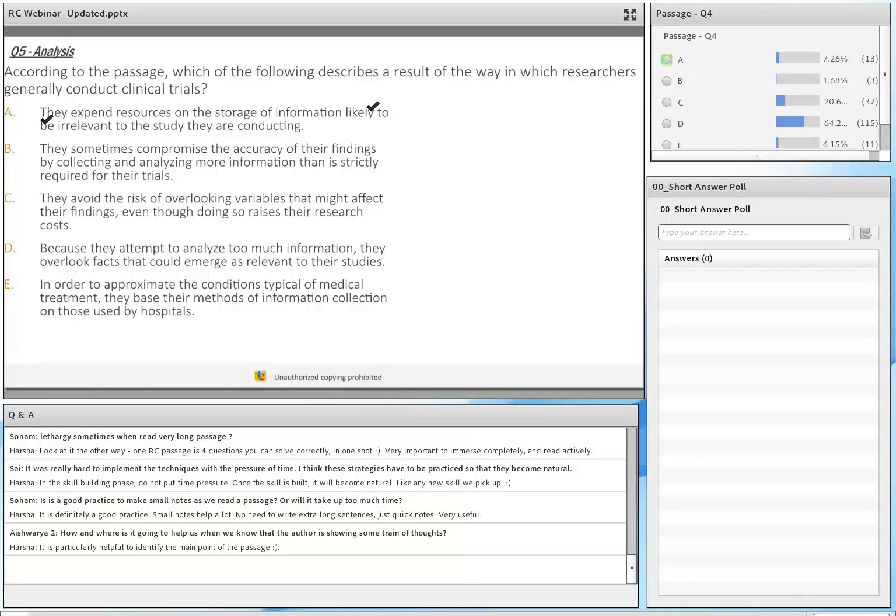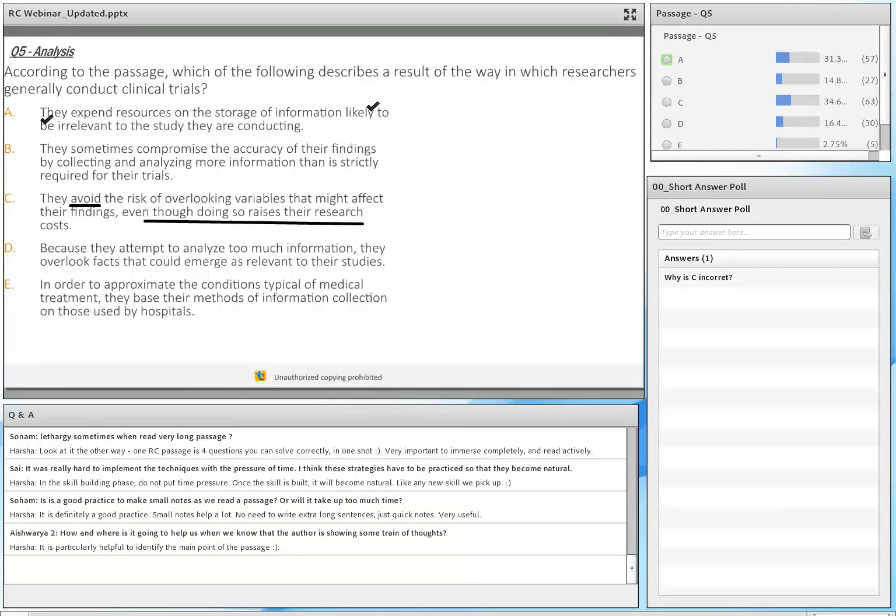Now let me get the poll over here to really see which other option you guys chose. Choice C is a very popular option also. Choice C says they avoid the risk of overlooking variables that might affect their findings, even though doing so raises their research cost.